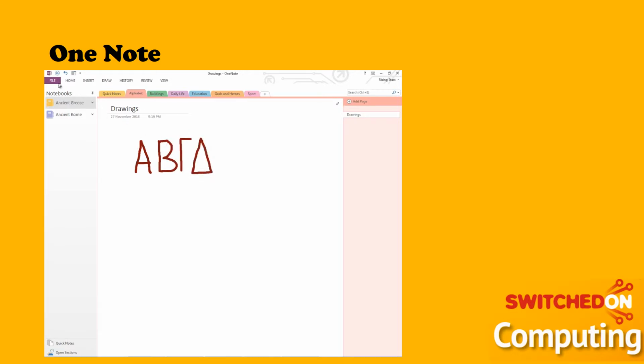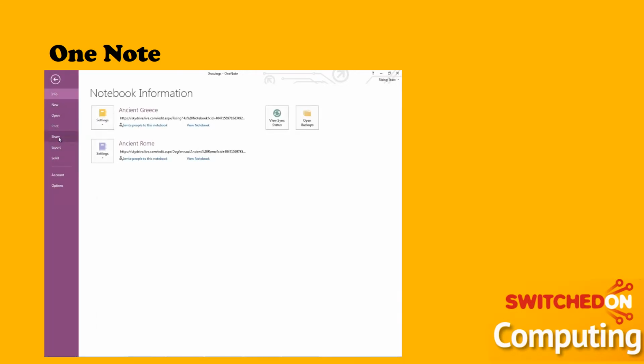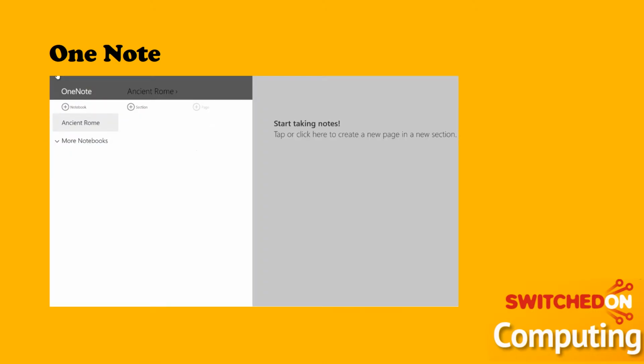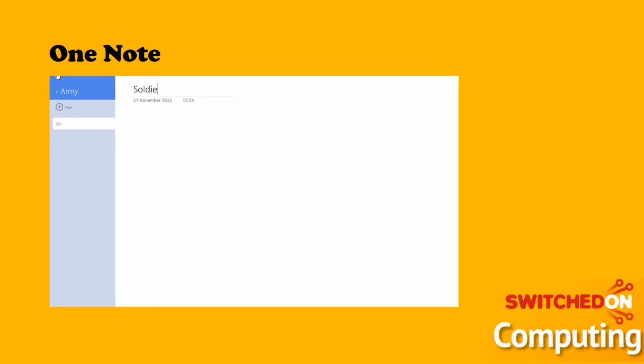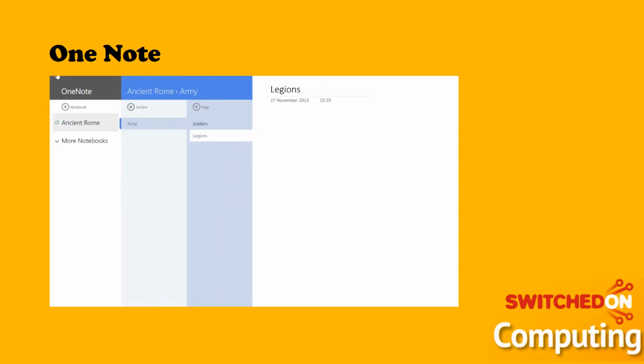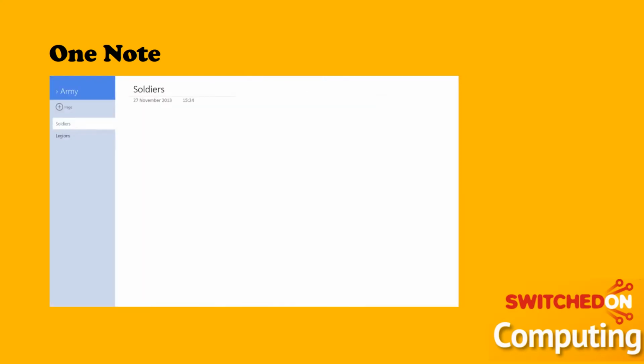Use SkyDrive to share your notebook with others. Use the OneNote app to organise notes on a tablet. Divide your notebook into sections. Within each section, add pages to hold your notes. Add as many sections and pages as you need. Click or tap anywhere on a page and start typing.